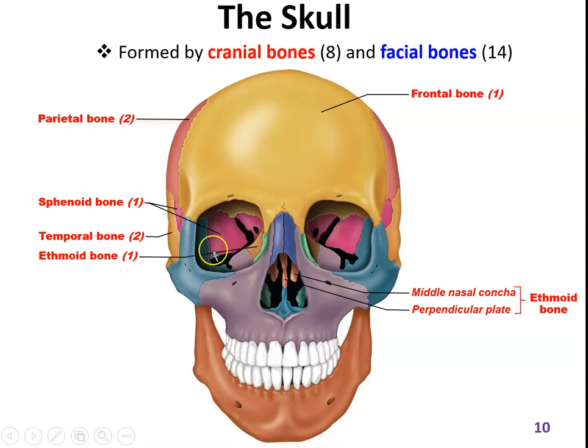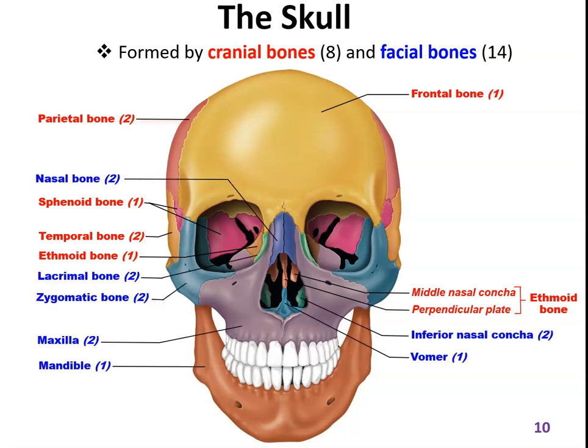For example, the sphenoid bone is visible here as this complicated pink structure, and it's also visible here. But really you can see more of it when you take the top off the skull and look down from another angle. So you're going to be seeing the sphenoid bone from different angles. And in these slides we'll show you what shape it would be if you took it out of the skull. It's just going to take time and looking at it from different angles to get the hang of it and to really be able to visualize this stuff.